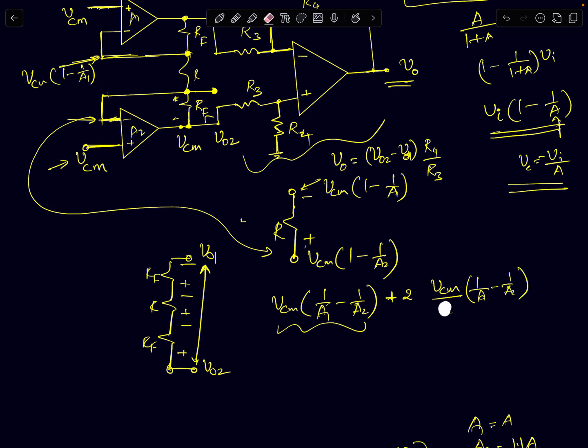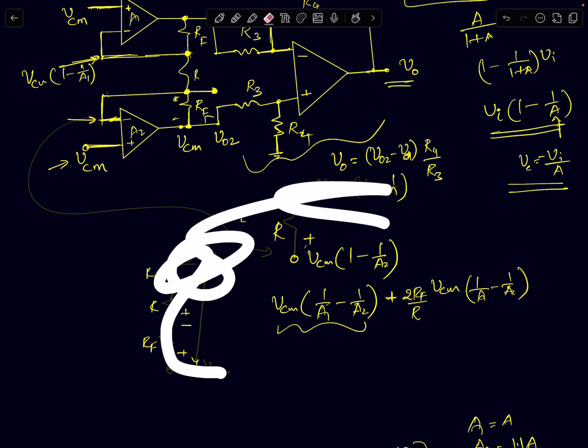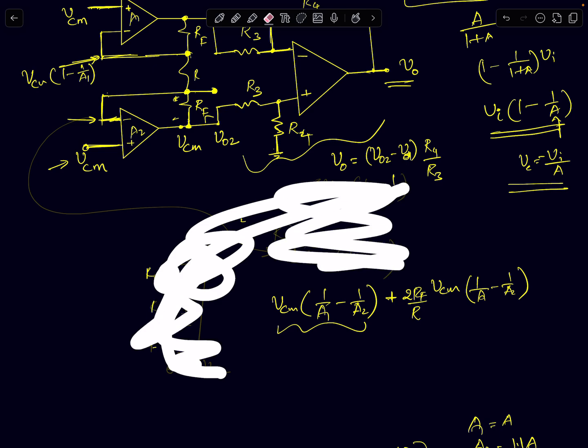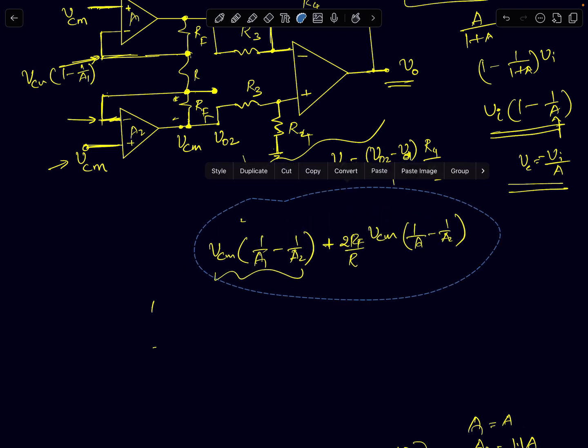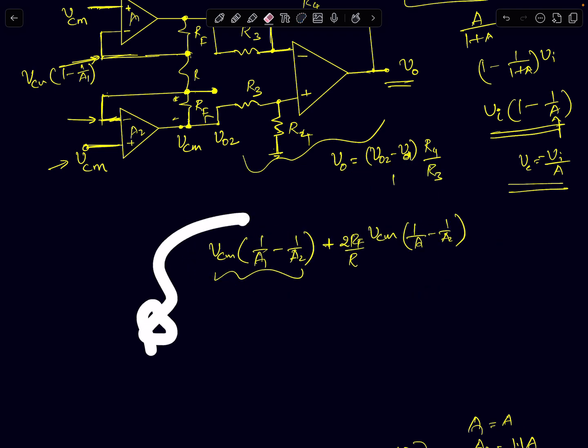I'll take this factor RF out, so it will be VCM by R. Now I'll just erase all of this. We have written the expression for the voltage VO2 minus VO1.